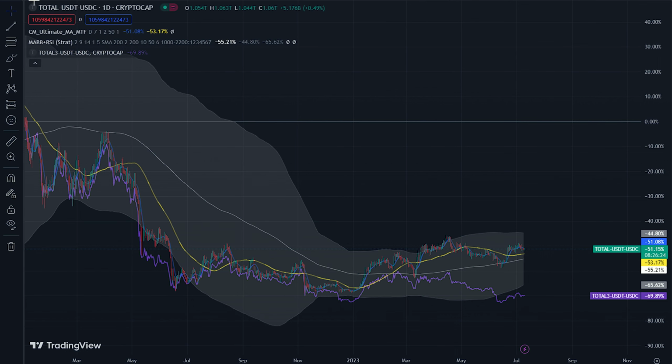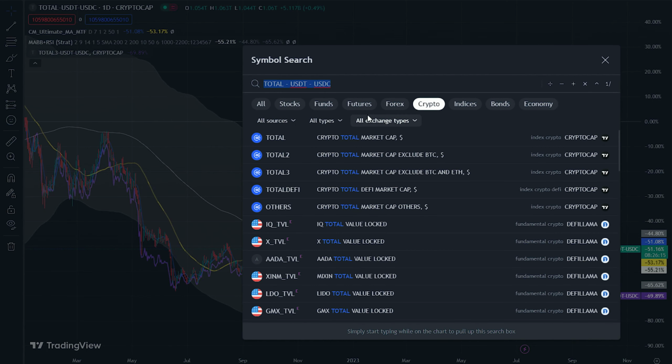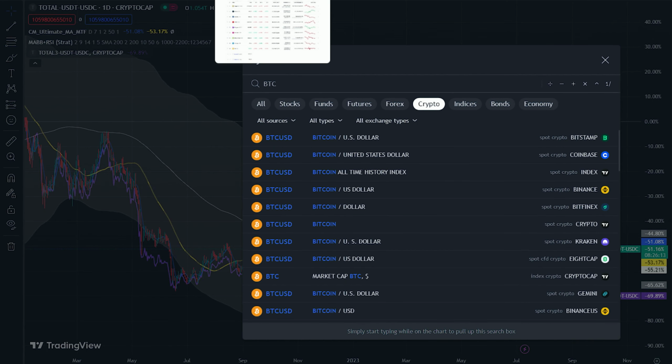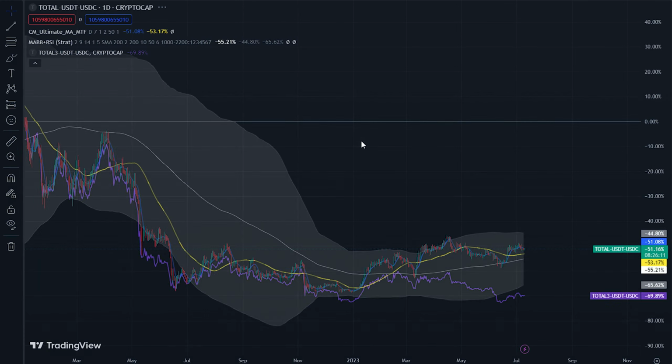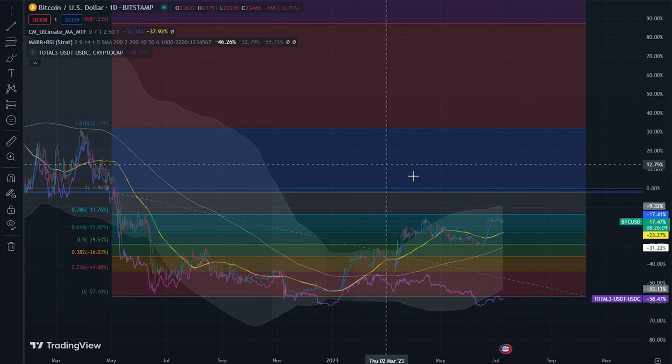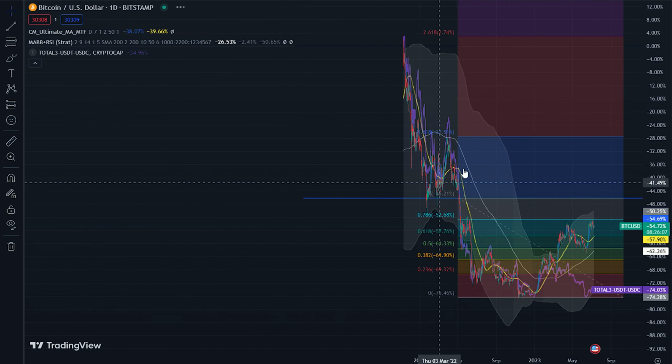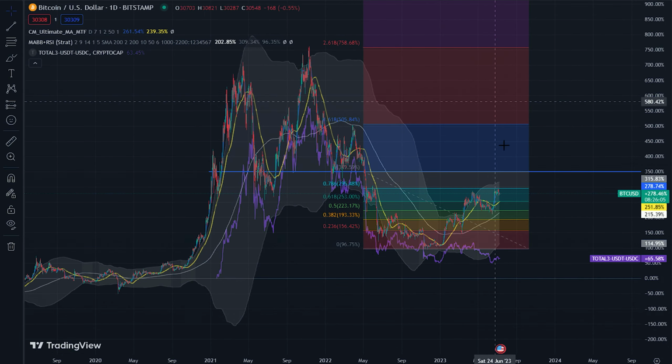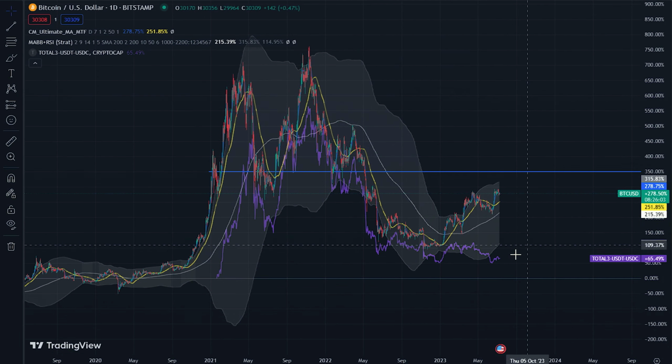And actually, I think if I, let me think here. If I change this to BTC, Bitcoin on the US dollar, and then here's our Fibonacci. I'll get rid of this.